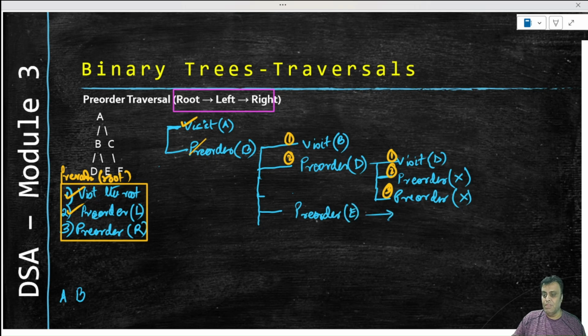Now pre-order of E means what? Visit E, then do a pre-order of X, because E doesn't have a valid child, and then do a pre-order of X again, because it doesn't have any valid child.